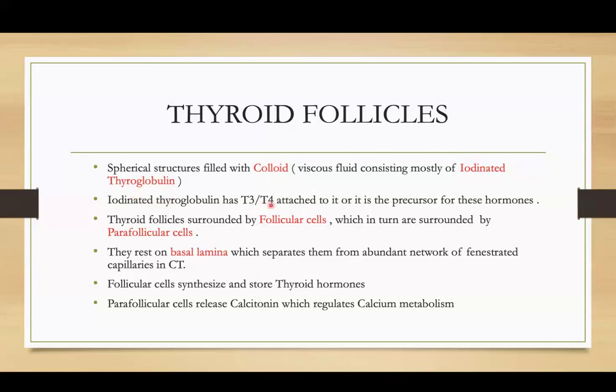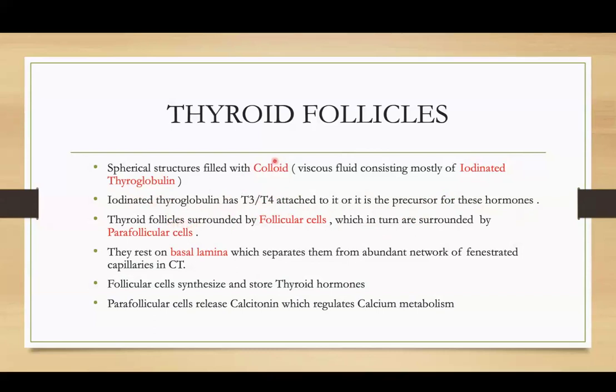So iodinated thyroglobulin has T3 and T4, which are the thyroid hormones, attached to it. T3 is triiodothyronine and T4 is tetraiodothyronine, also known as thyroxine. Or if it doesn't have these attached to it, it has the precursor for these hormones attached to it. So basically, that's what's attached to the thyroglobulin.